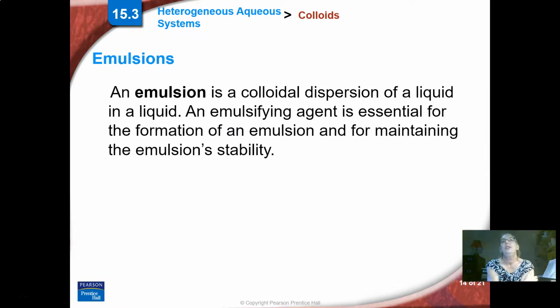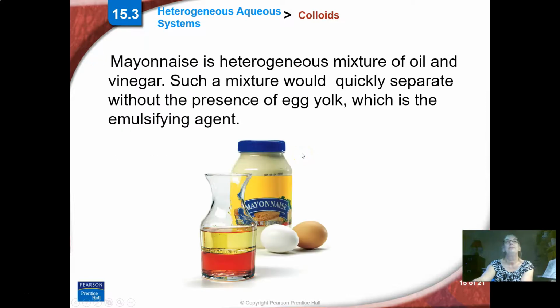An emulsion is a colloidal dispersion of a liquid in a liquid. So you have two liquids together, but the pieces of one liquid are pretty big. And we add this emulsifying agent to keep everything in suspension and not falling out.